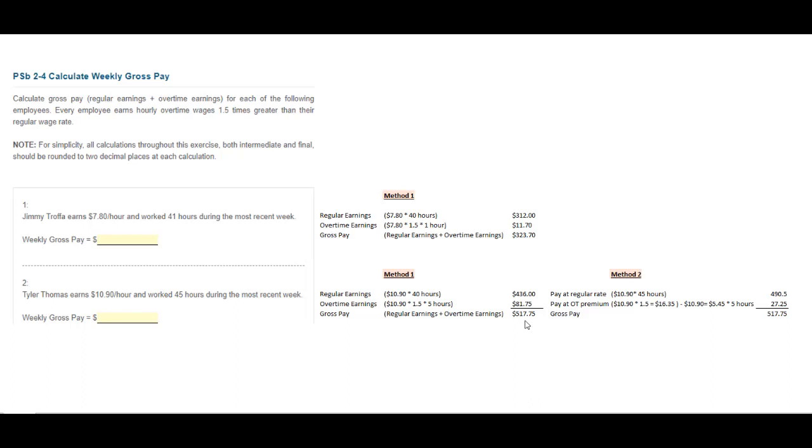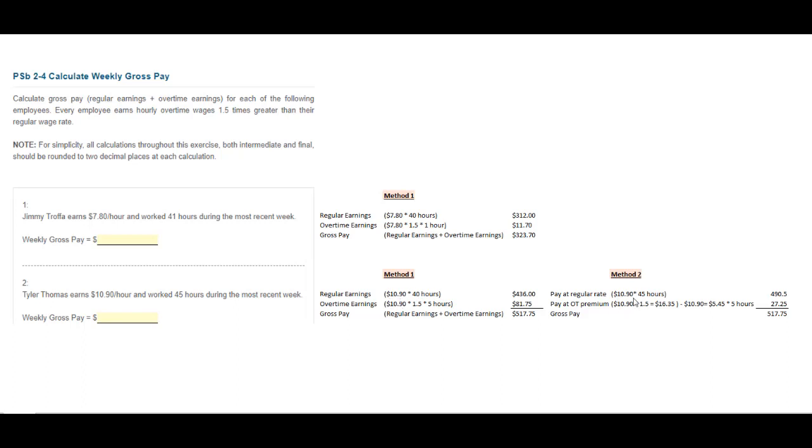It's the same result, but it's like slicing the pie a little differently. In method 1, we used the total regular earnings plus the total overtime earnings. Whereas in method 2, it's the earnings using the regular rate and the overtime premium amount. So look at here, it's 40 hours that we use at $10.90.